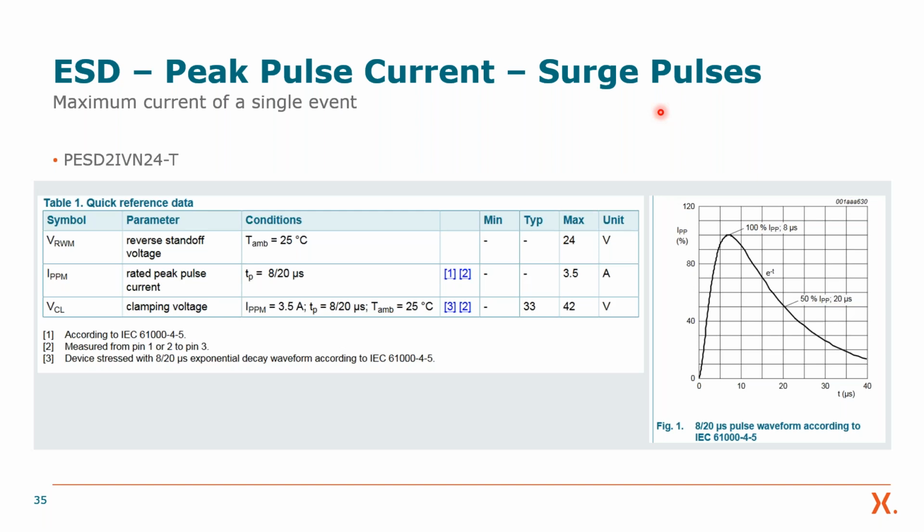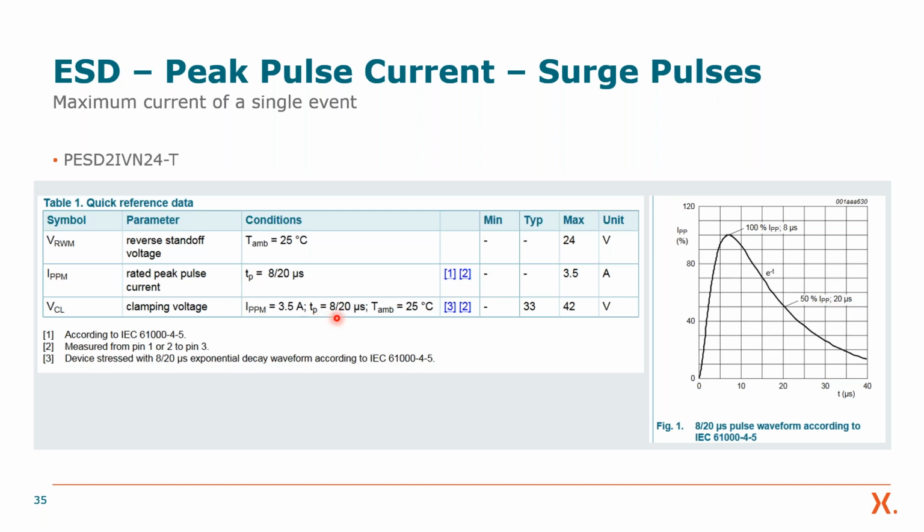And if you compare different protection devices, you should always look for the lower clamping voltage, of course, because it protects your IC better.